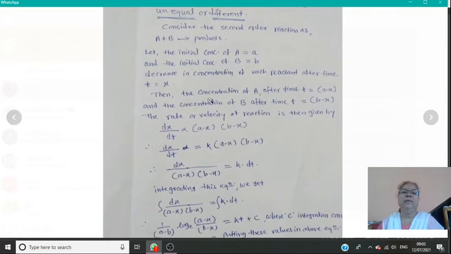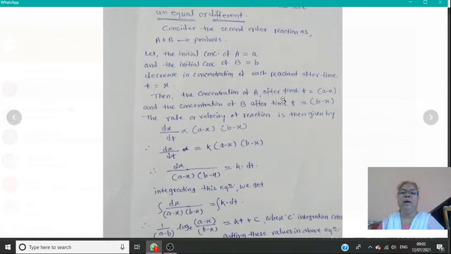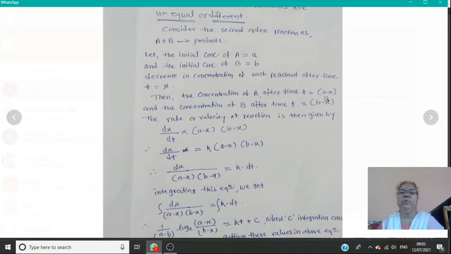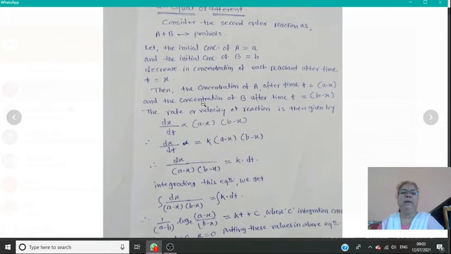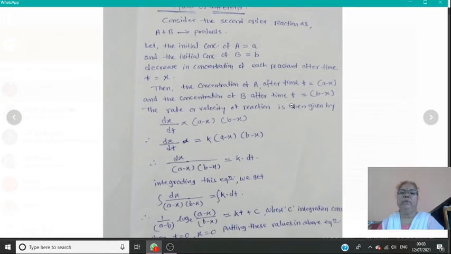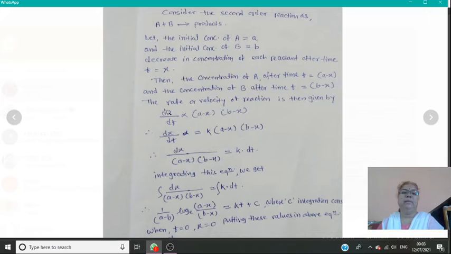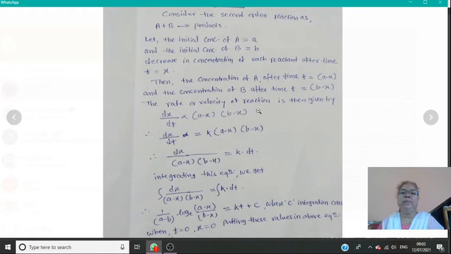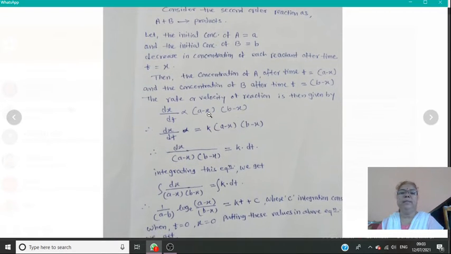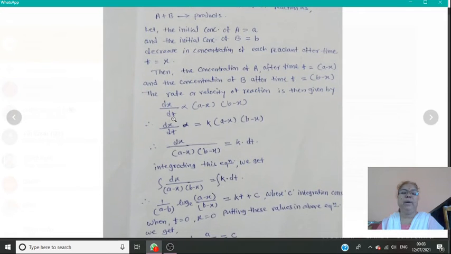t. Then the concentration of A after time t is equal to a minus x, and the concentration of B after time t is equal to b minus x. Then the rate or velocity of reaction is given by dx by dt.